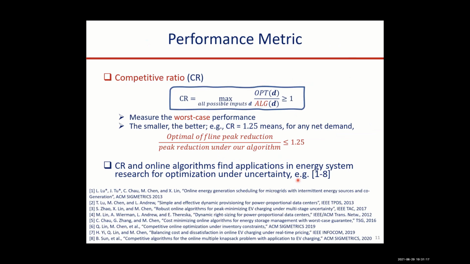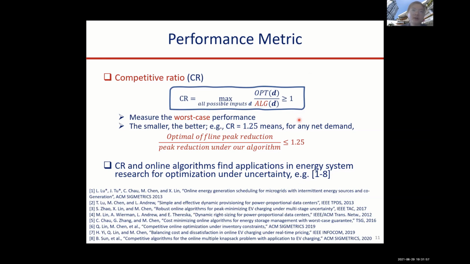Thank you for your question. At this moment, I can share my understanding of the difference between regret and the competitive ratio. However, I think it's difficult to say which one is better, because regret and competitive ratio are both good algorithm performance measures, and they have their own benefits and weaknesses. The competitive ratio, as you can see from this formula, is defined as the ratio between the performance in the offline setting and the online setting.